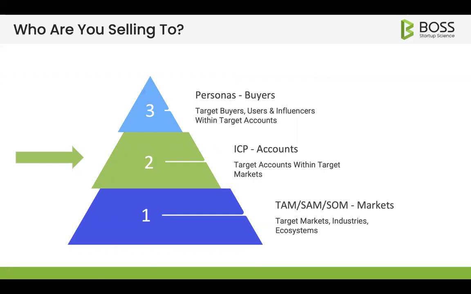The foundational layer of this, which is also the prerequisite to ICP and taking the ICP courses, is markets. This is your TAM, SAM, and SOM. Essentially, markets is identifying the target markets, industries, and ecosystems that you will be servicing with your startup. All right, that is layer one, the foundational layer.